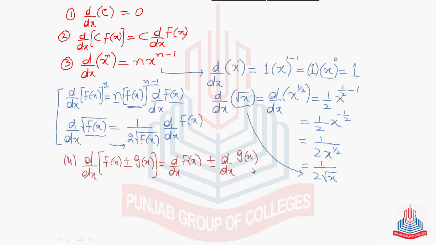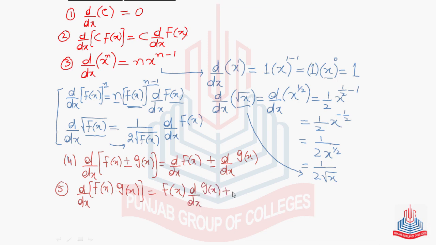And similarly, the fifth theorem was d by dx of f(x) into g(x). If we want to differentiate a function which is in product form, that will become f(x) times d by dx of g(x) plus g(x) times d by dx of f(x).